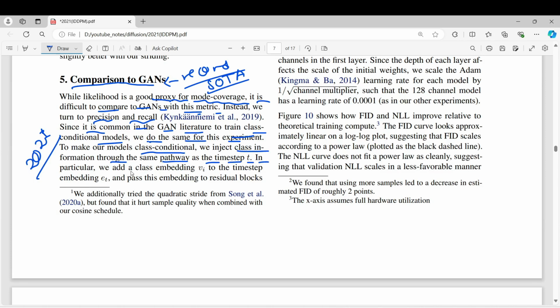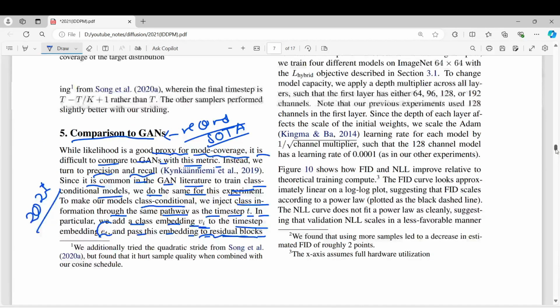In particular, we add a class embedding to the time step embedding, and we pass this embedding to the residual blocks. So in the same way we inject the time step information, we also inject the class information into the residual blocks. They are training conditional diffusion models by injecting classes and time steps.